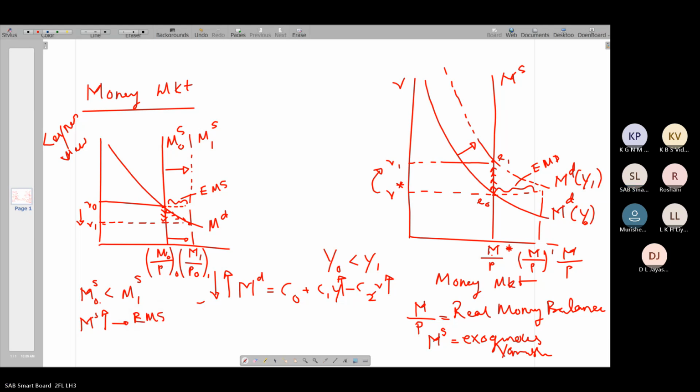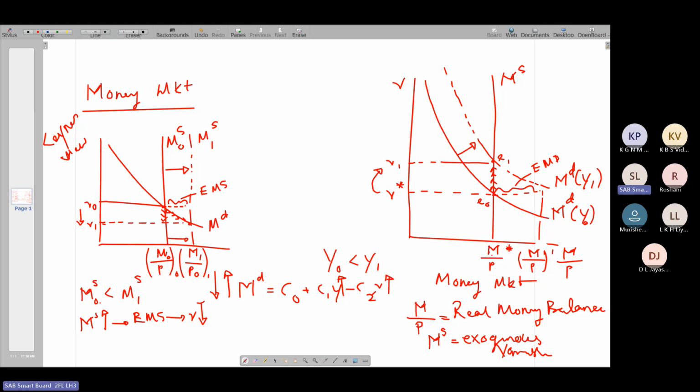As a result of that, there is a tendency for the interest rate to decline, because money demand is constant. Money demand does not change, but the central bank increases the money stock in the economy under its expansionary monetary policy. So that actually reduces the interest rate.